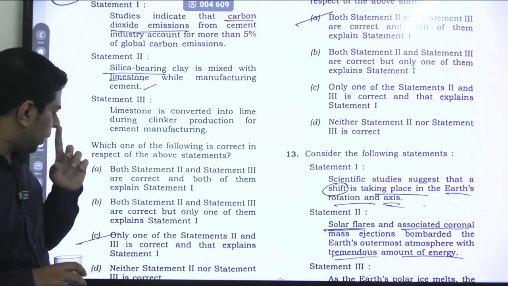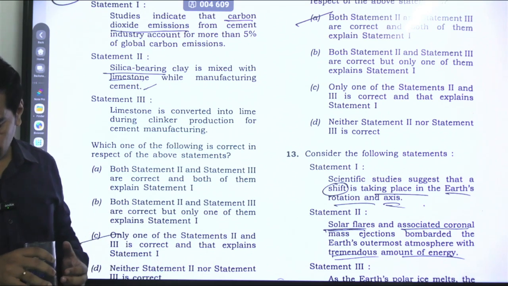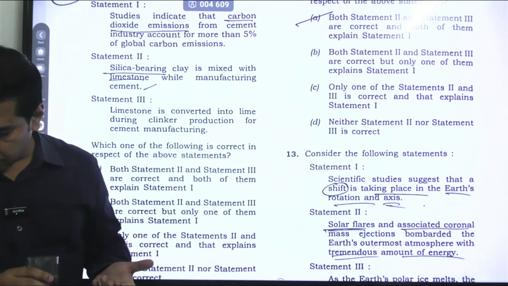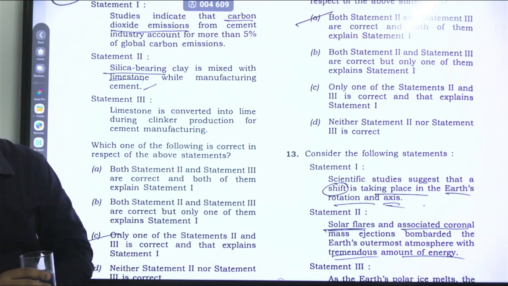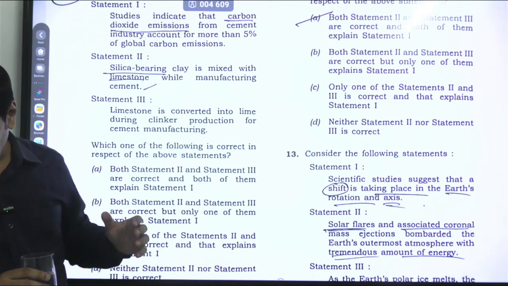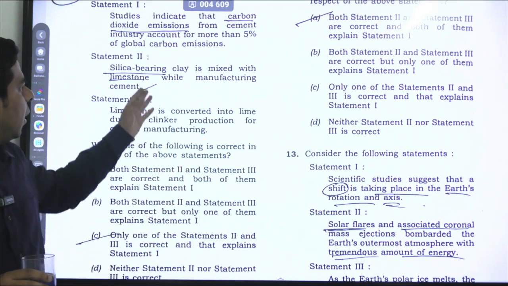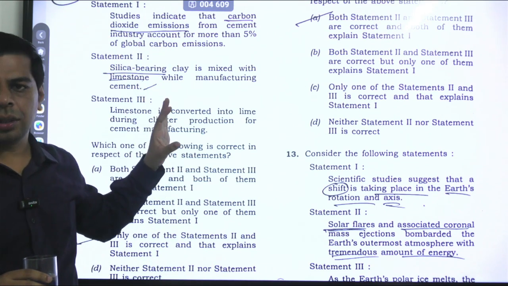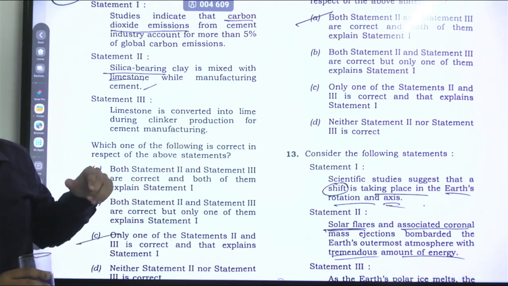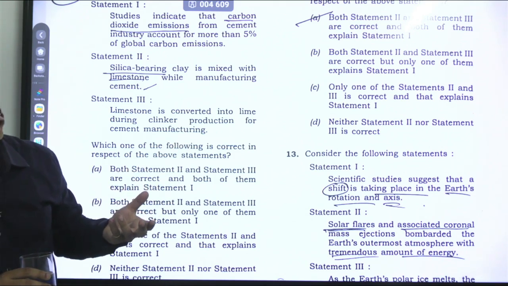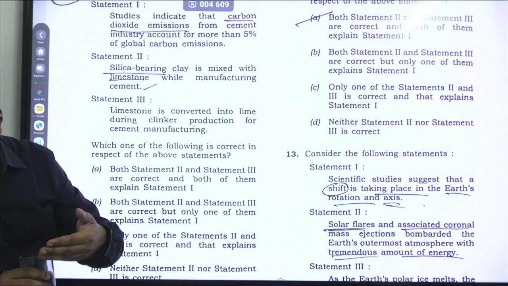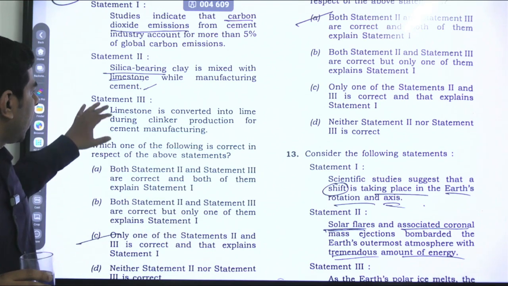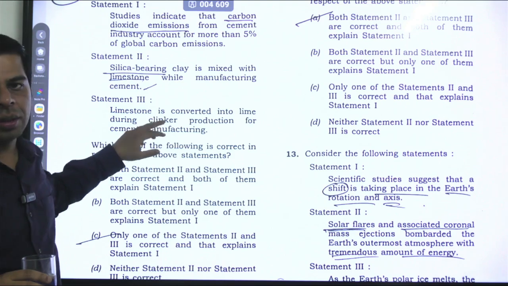So in this case, once again, the statement and reasoning have to be attributed, and we can say the first, second, third statements more or less are correct, but the right reason cannot be attributed for why they are producing more than 5% of global emissions. So in this case, only one of the three statements is correct, but they are not explaining the reason. You cannot say that the emissions are because of these two.